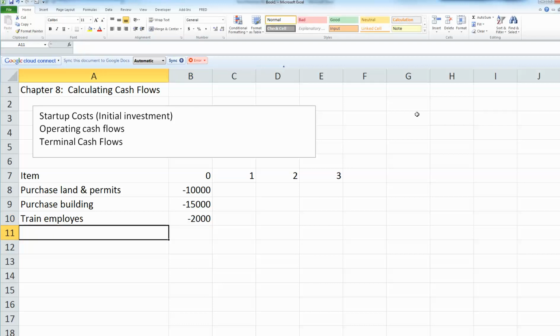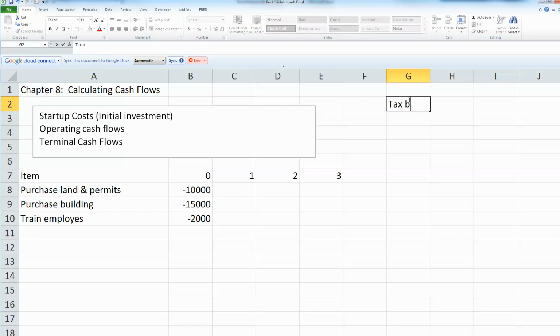I'm going to take a little side trip over here and just talk about the tax benefit of the $2,000 deduction. Let's say my income, and it's not $10,000, I'm just making these numbers up to show you something. So let's say my income is $10,000 and my deduction is $2,000.